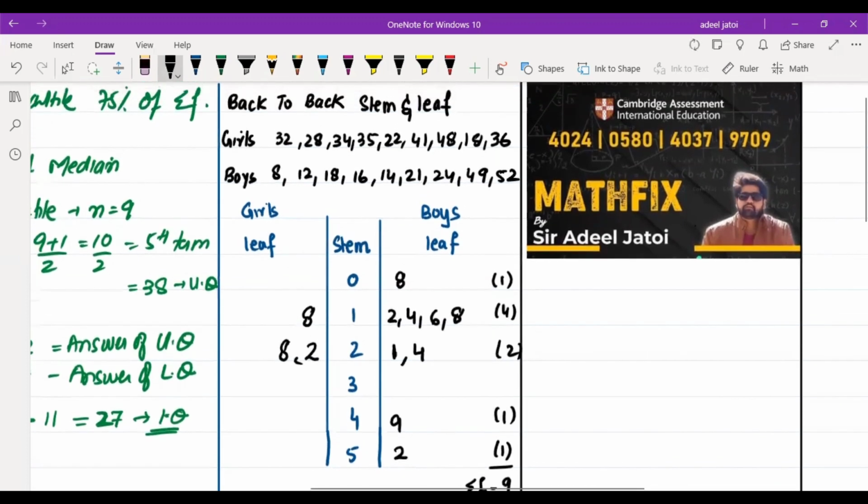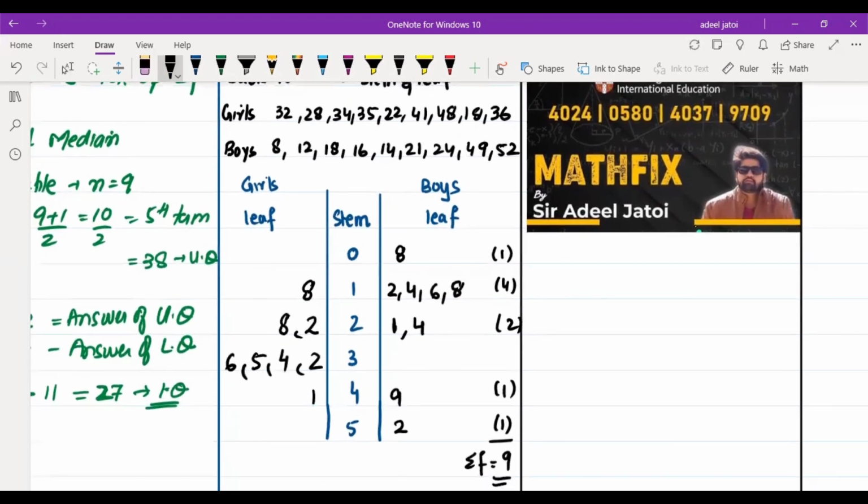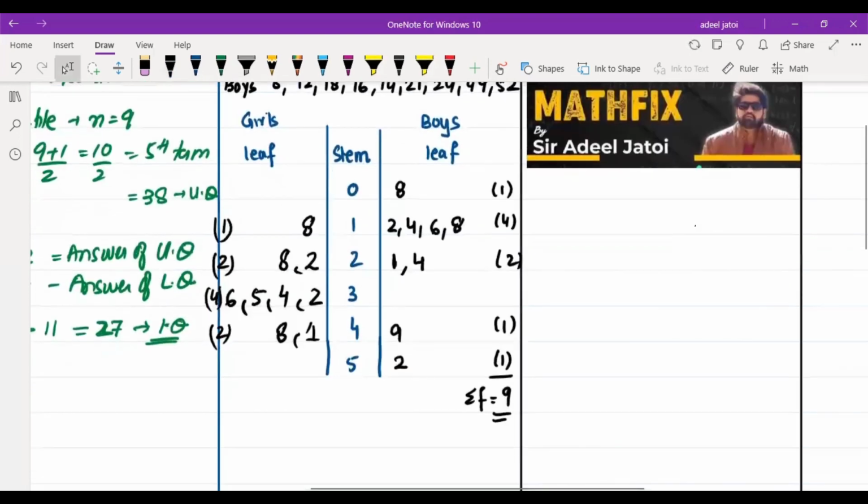Then we have 32, 34, 35, 36. For 40, we have 41. And we have 18. Your frequency for this will be 1, 2, 4, and 2, so 6, 7, 8, 9. So for this, your summation of f that we have is 9.